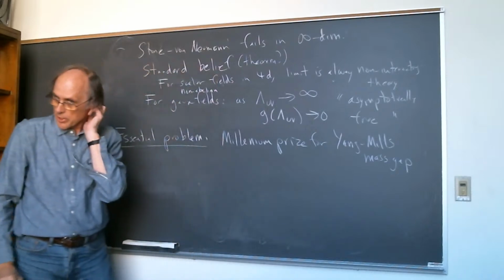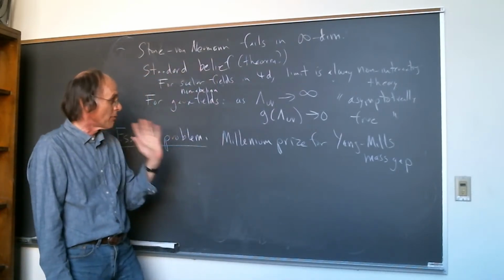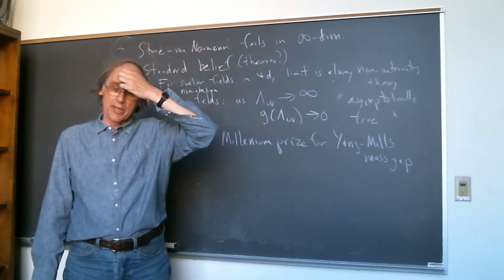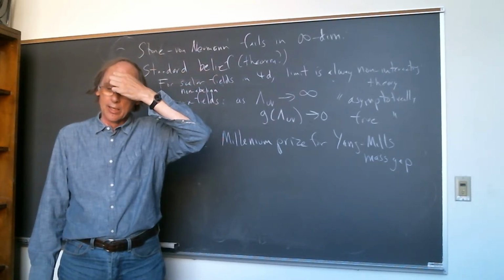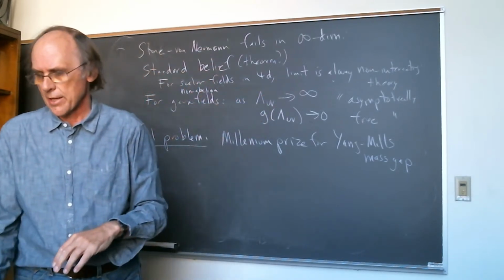So there's $1 million associated with this problem, and I think the reason why it's an open problem is that there's some essential idea missing as to how to really say this.